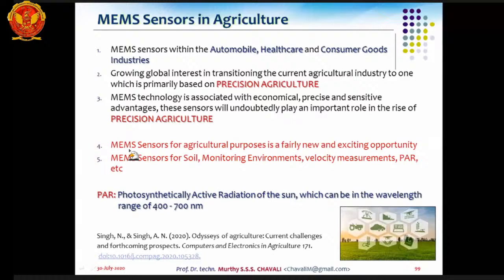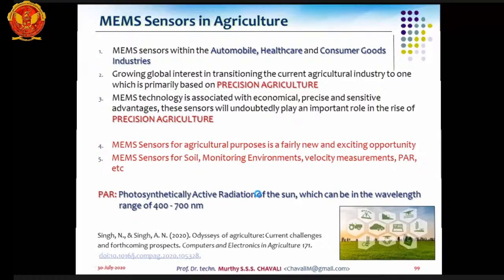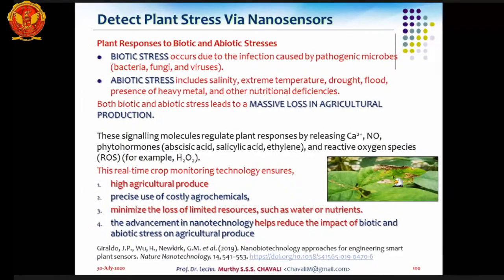And these MEMS sensors can be used for soil monitoring, environment monitoring, velocity measurements, and photosynthetically active radiation, which helps in more productivity. So all these things can be worked out. And we are also working on different materials that may cause stress to the plant. It might be biotic stress or abiotic stress.